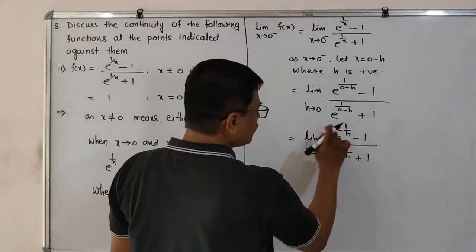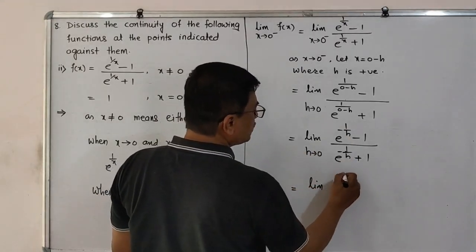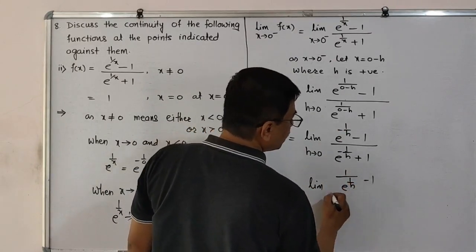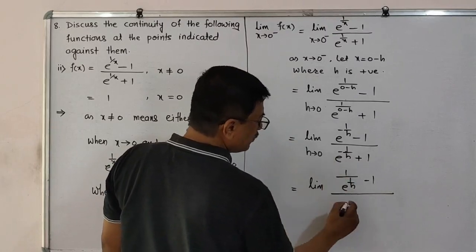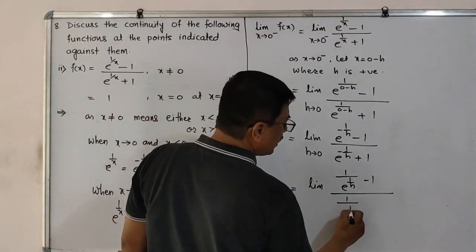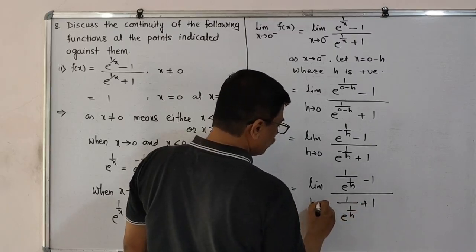Now this minus 1 by h can be written, using the laws of indices, as 1 upon e raised to 1 by h minus 1 divided by 1 upon e raised to 1 by h plus 1 as h tends to 0.